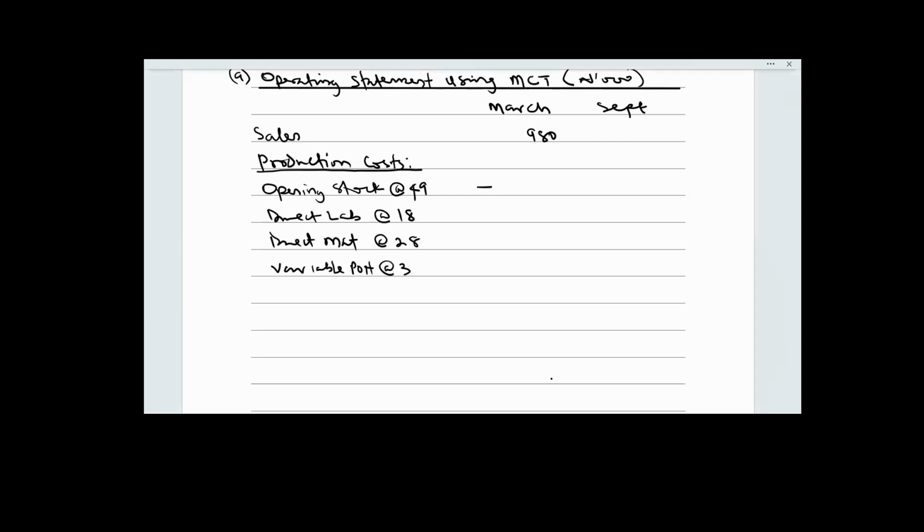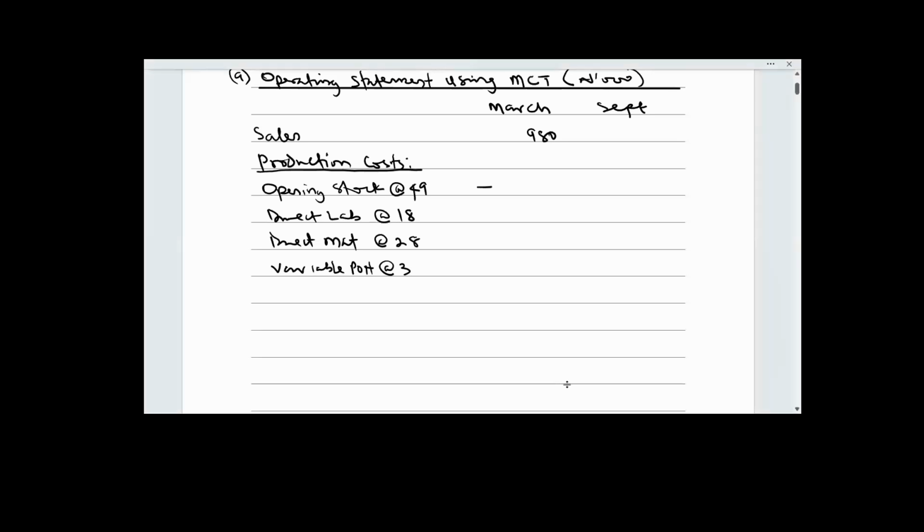Therefore, in March, the actual unit produced was 8,500. So 8,500 multiplied by 18 naira.